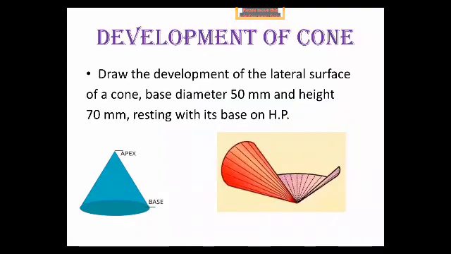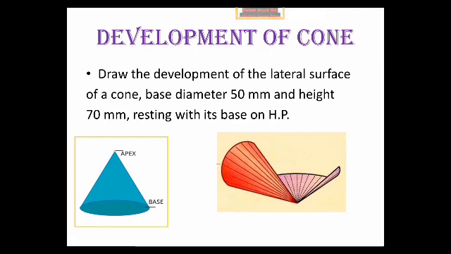Now, what about the development of cone? We know that the shape of a cone contains the bottom portion, the base, which is circular, and the vertex point, which is the apex. In an examination, the question may be like this: draw the development of the lateral surface of a cone, base diameter 50 mm and height 70 mm.